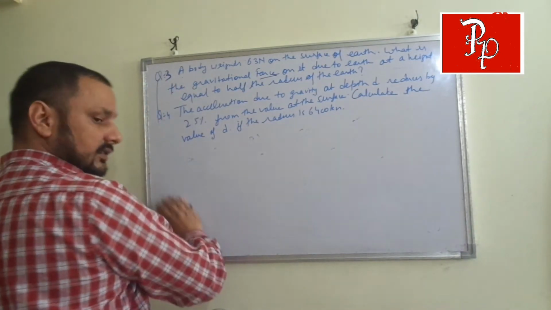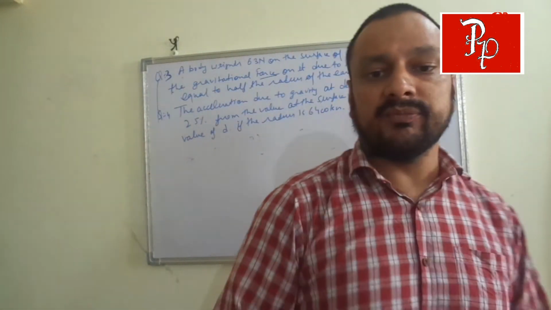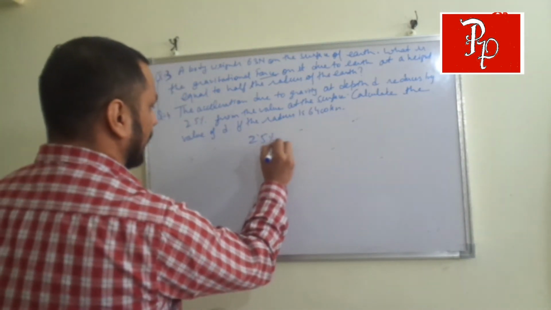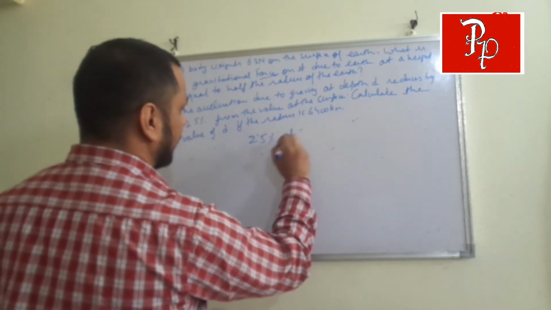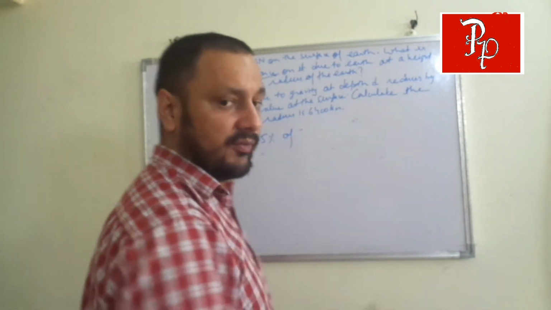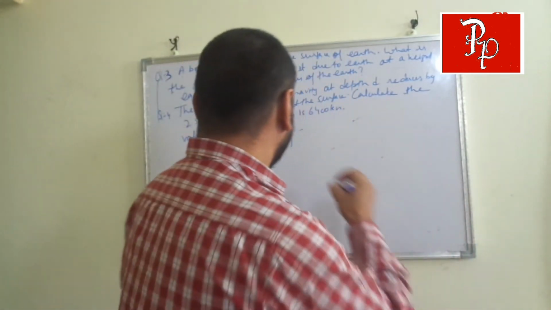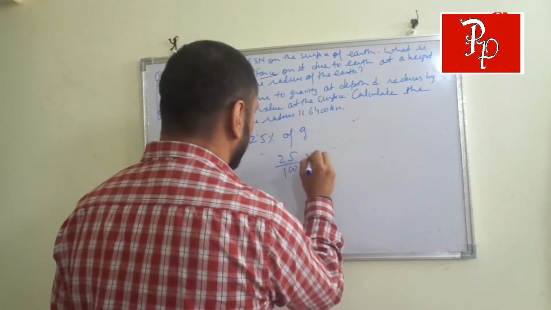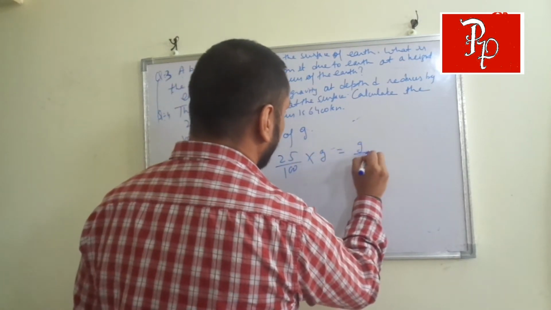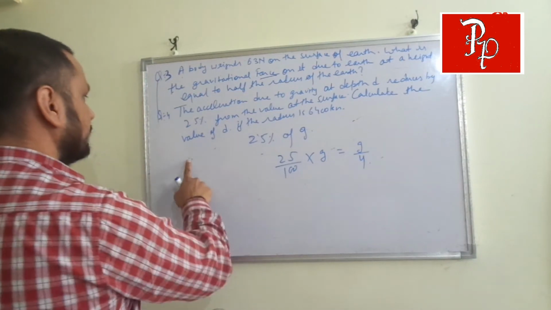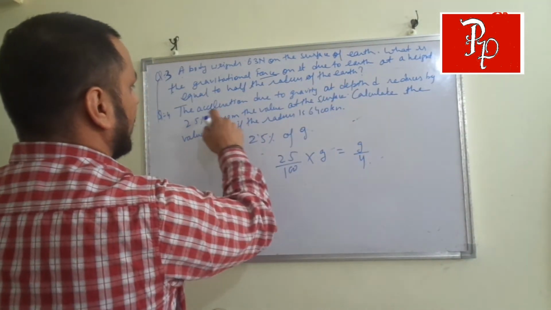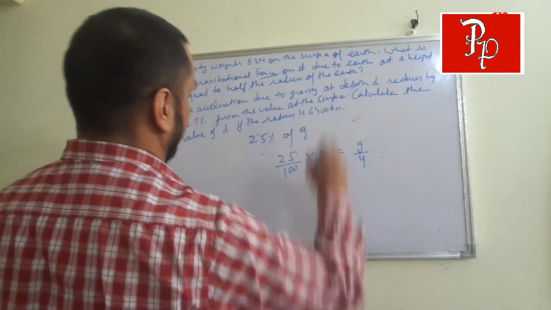It is from the surface, so 25/100 into g, that is g/4. One value has come.